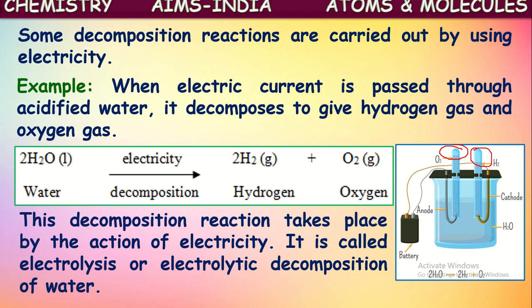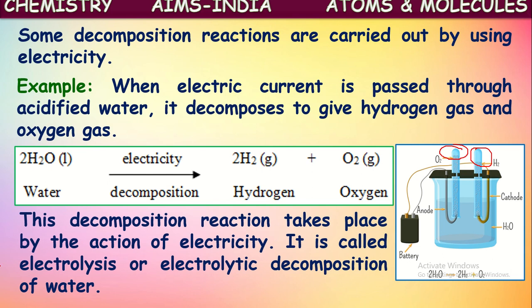This decomposition reaction, which is taking place in the presence of electricity, is called electrolysis or electrolytic decomposition reaction. Okay, the decomposition reaction which is occurring in the presence of electricity is called electrolytic decomposition reaction or simply electrolysis. So it is electrolysis of water.